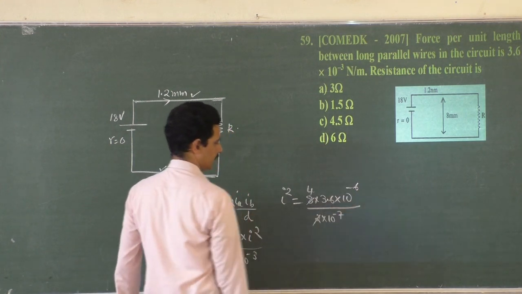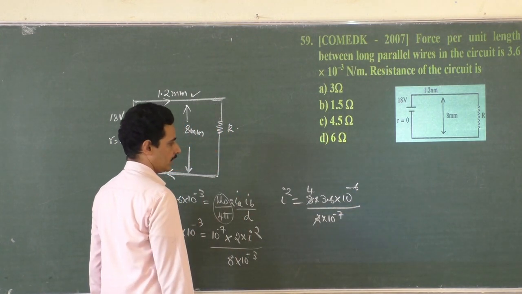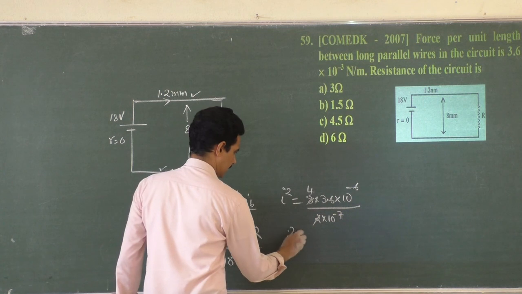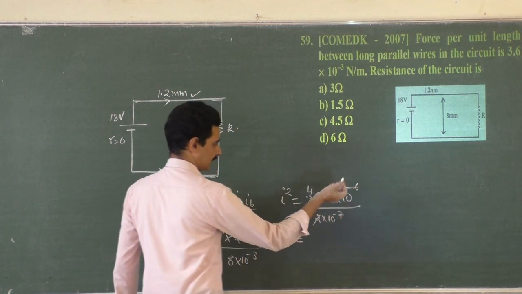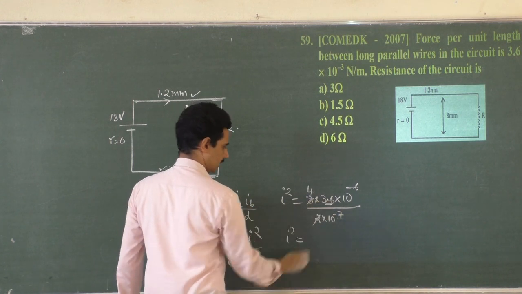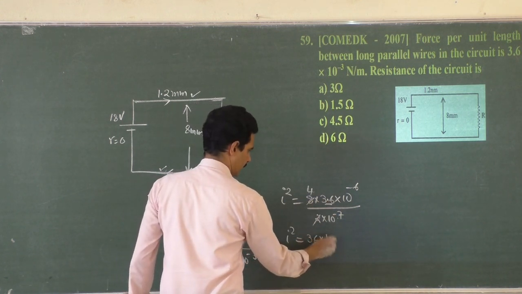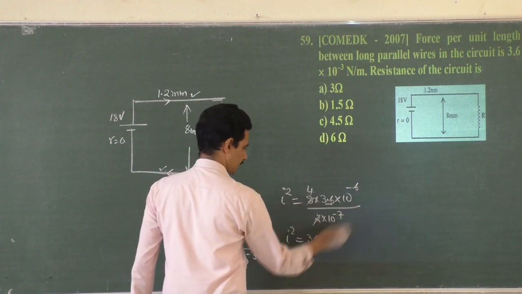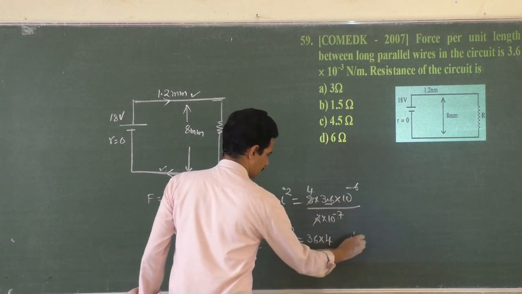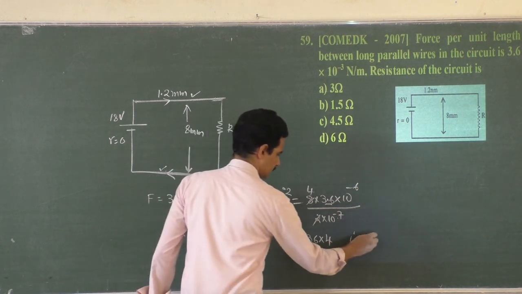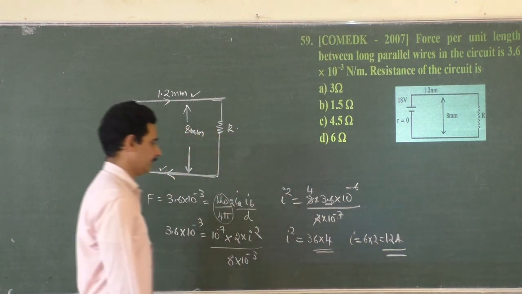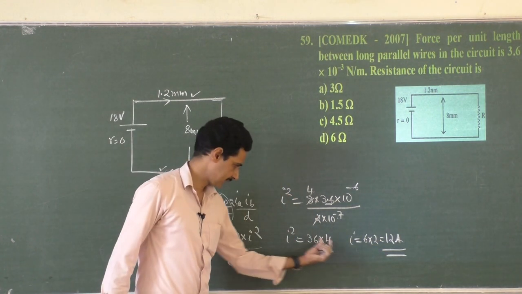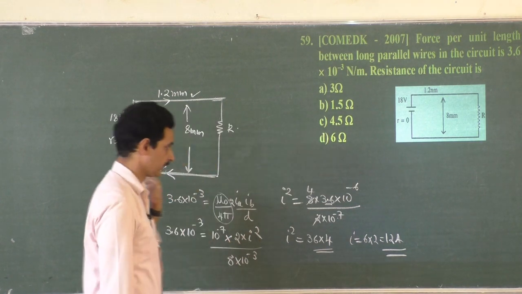Now if I bring it here, 10 to the power plus 1. So I square is equal to 10 to the power plus 7 minus 6, 10 to the power plus 1. 36 into 4, finished. Then what is I equal to? This is 6 into 2, that is equal to 12 ampere. I is 12 ampere. Square root of 36, square root of 4.